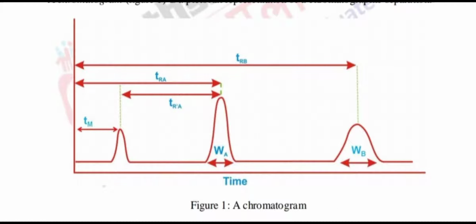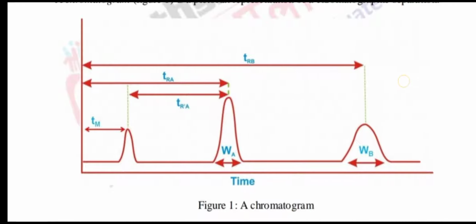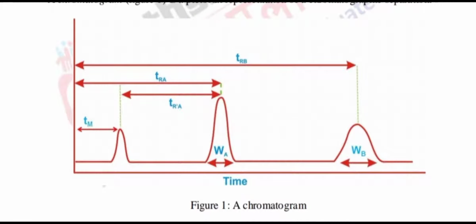Now you can see a chromatogram. What is a chromatogram? A chromatogram is a pictorial representation of a chromatographic separation. As we know, the sample is divided into the stationary phase as well as the mobile phase. Now the chromatogram is plotted between time and the detector's signal.